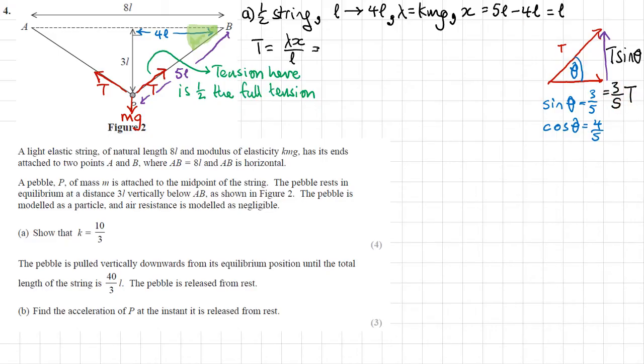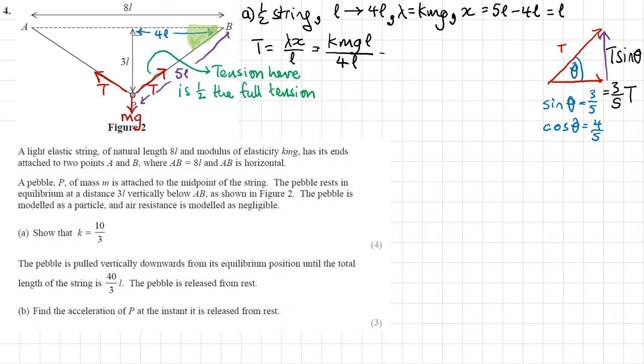So now we'll work out the tension, lambda x over L. So lambda is kmg. The extension is just L, and then over, sorry, not 2 times the natural length, I'm thinking of elastic potential energy. Just the natural length, and that natural length here is going to be 4L. Remember, I'm just looking at the half string. So that's my tension.